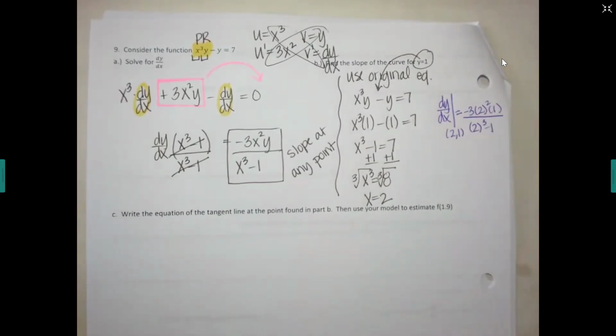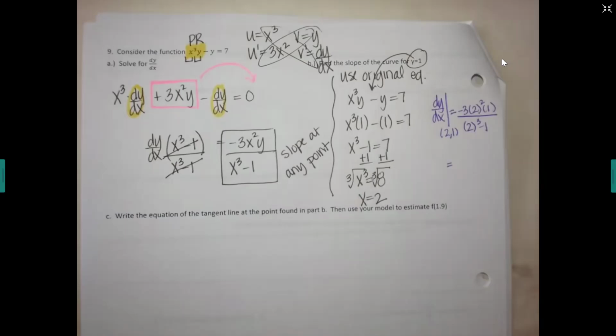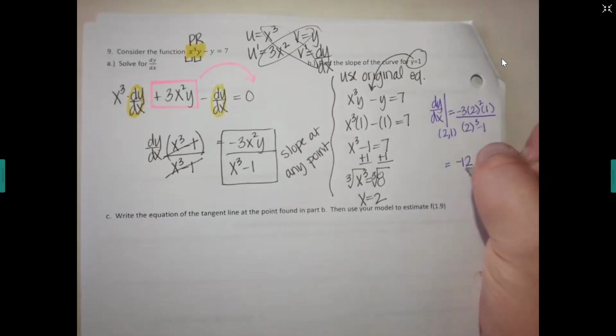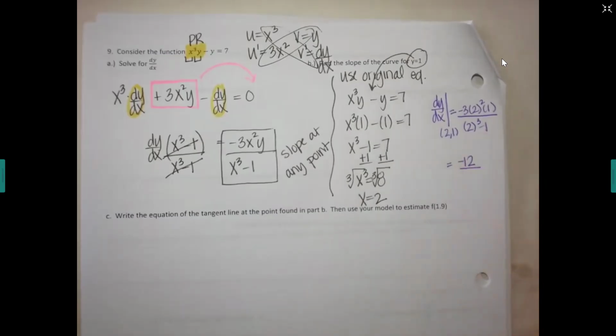Okay, do the top of that. What will we get? So that'd be 2 squared is 4. That'd be 12, right? The times 1 won't change anything. And then on the bottom, 2 cubed is 8. Take away 1 would be 7.